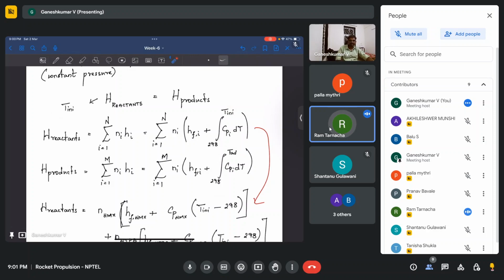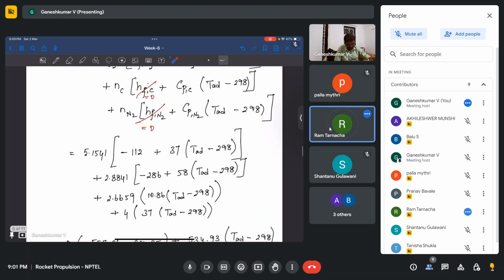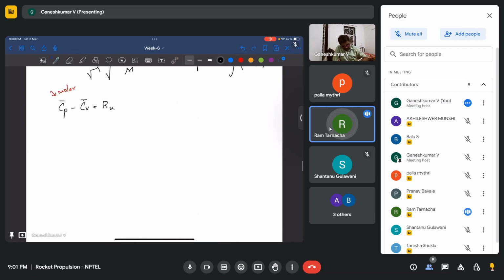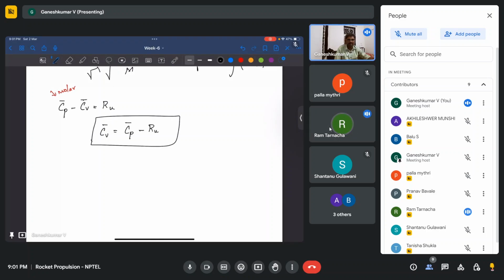But Cv is not given at constant volume, so how can we find the ratio? Both are not given in the assignment. If Cp is given, you can find Cv as Cp minus Ru. Since we know Cp, and Ru is the universal gas constant and is not going to change, you can find Cv.